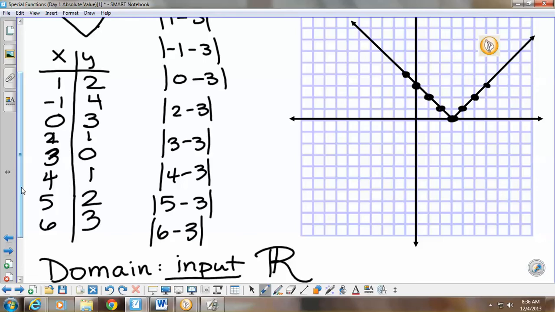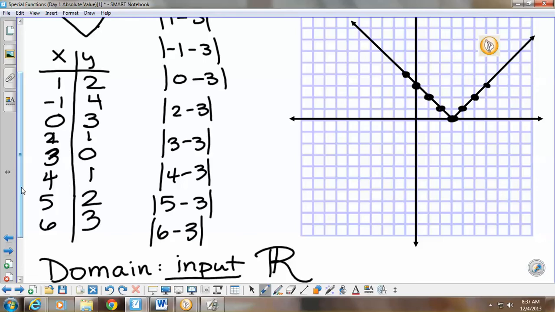How can we describe the numbers that we're getting out? They're all positive. Now what about 0? Is 0 a positive number? It's not considered a positive. It's not negative either though. Whole numbers. Okay, but remember whole numbers don't include fractions and decimals. And we probably could have gotten fractions and decimals had we inputted a fraction or decimal.